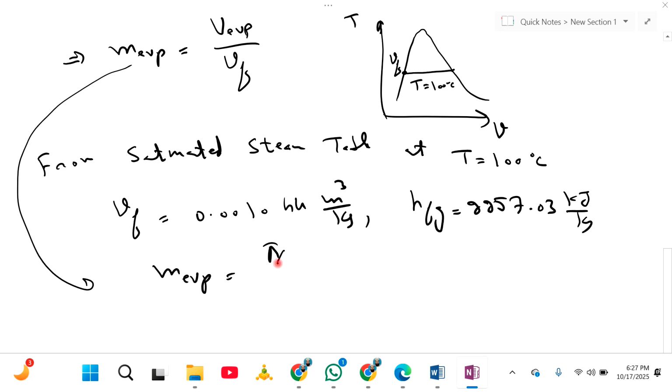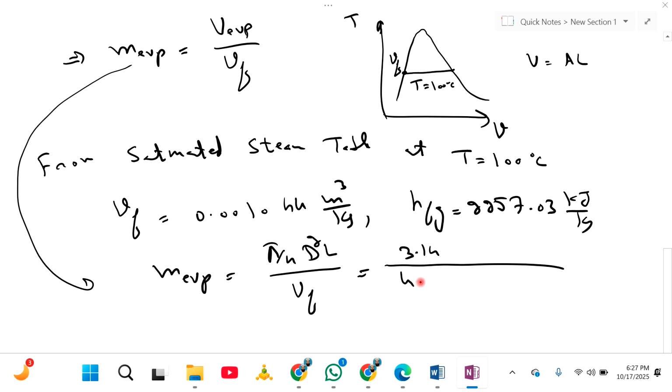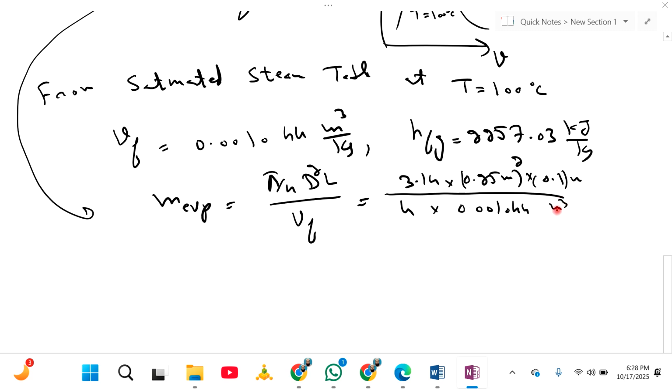So for mass of evaporation, I can write this as pi by 4 d square into L, because volume is equal to area into L, and area is equal to pi by 4 d square, divided by vf. So the value of pi is 3.14 divided by 4, diameter is 25 centimeter or 0.25 meter whole square, length is 10 centimeter or 0.1 meter, multiplied by the value of vf, 0.001044 meter cube per kg.